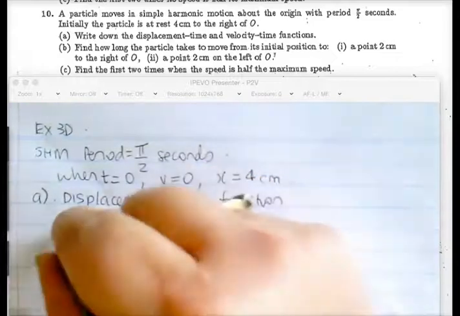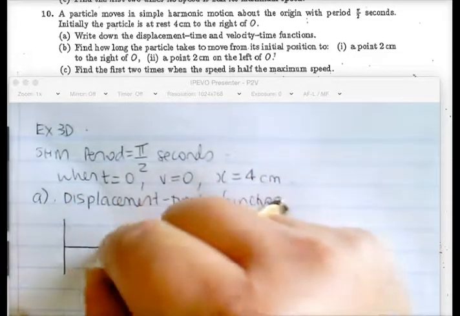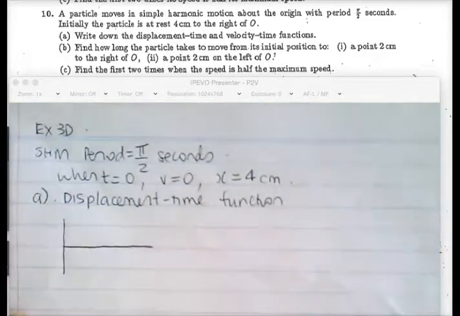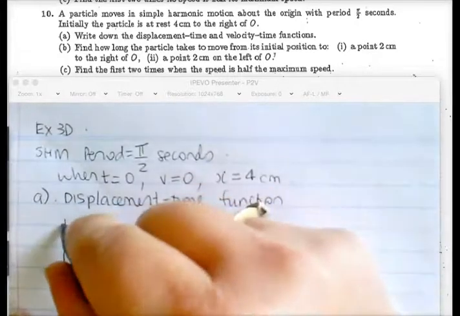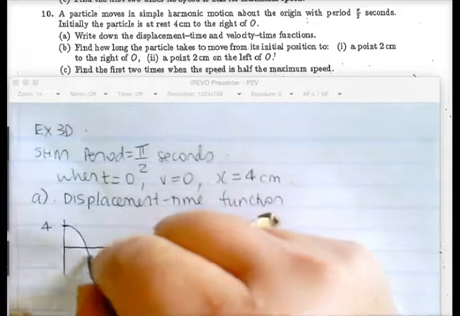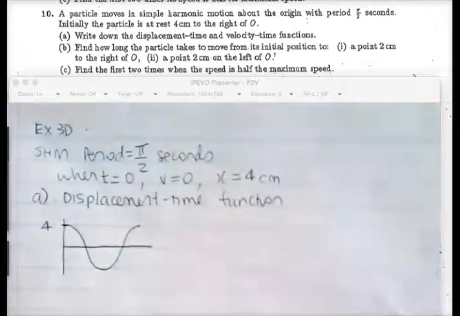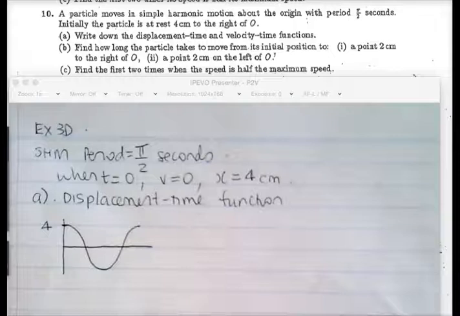For this one, because the particle starts at 4 centimetres to the right of the origin, I'm going to do a cos function, because cos functions do not start at 0. The normal cos function starts at 1 and then goes down.